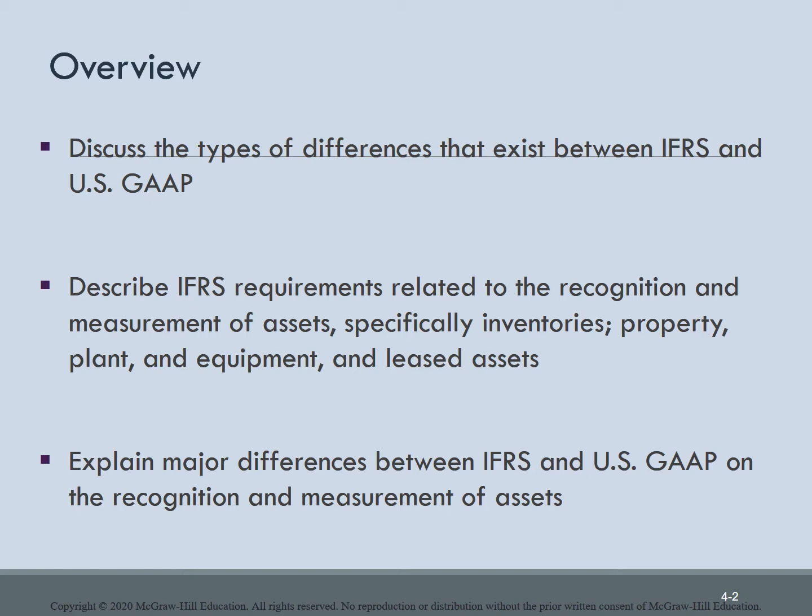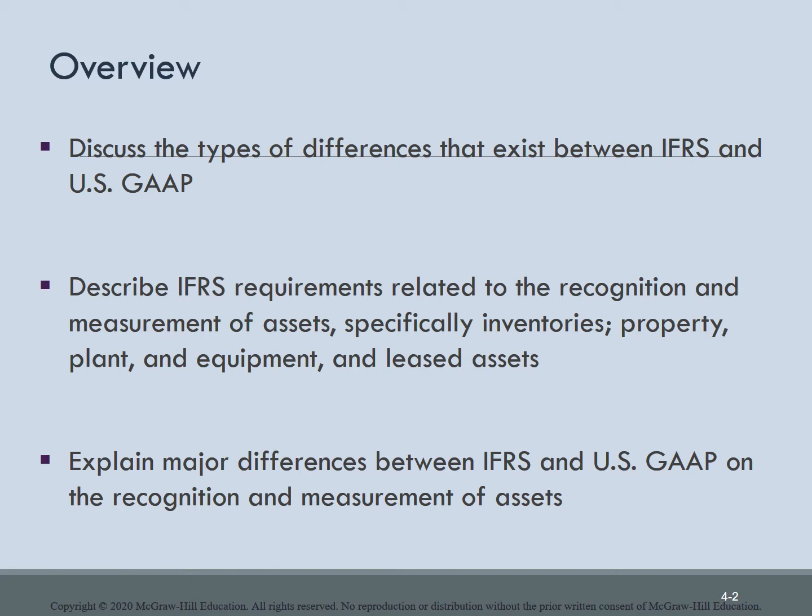Second learning objective: describe IFRS requirements related to the recognition and measurement of assets, specifically property, plant, and equipment, leased assets, and inventories. We talked a little bit about recognition and measurement practices between IFRS and GAAP last PowerPoint, and in this one I'm going to focus some on property, plant, and equipment.